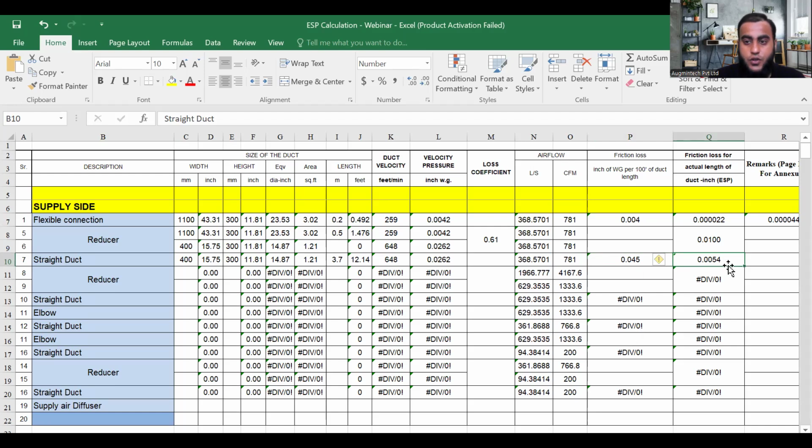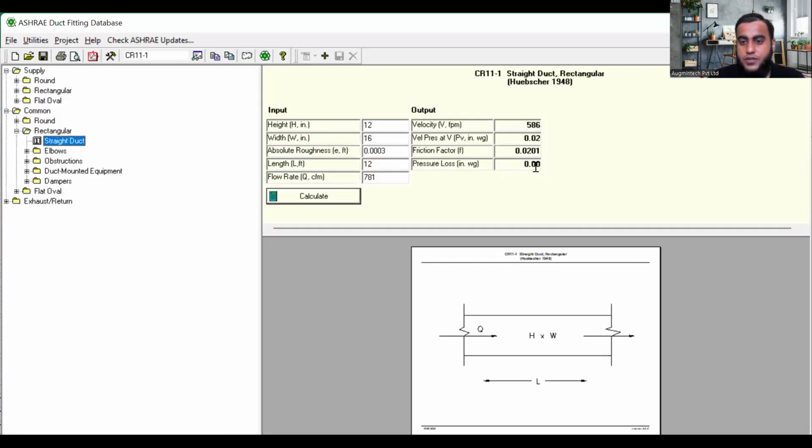The actual friction loss which we have got for the actual length of duct is 0.0054. Is it clear? In the software we get the same value, but here they are not showing it because they have only shown two values after the decimal. Our result is 0.0054, so that is why they have not given it. Is it clear now?